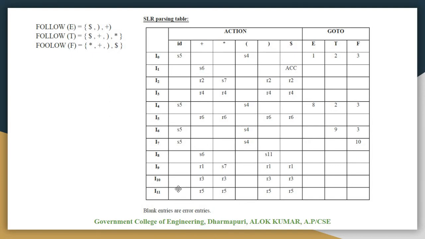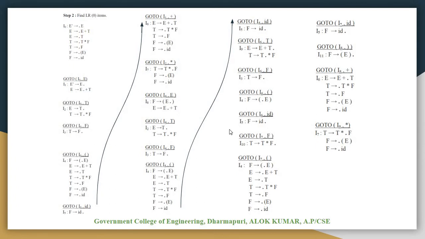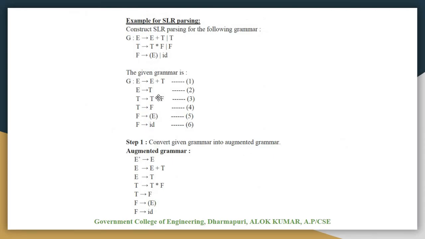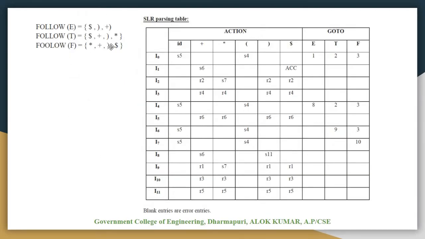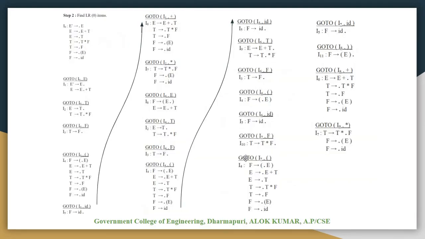At last here we can see this one is I10. In I10 also you can see this one is F dot. So this production rule we will see here, this one is 3. So R3 we will keep, and where will we keep it? Under all these. You can see all these are R3. I11 also we will see. This one is I11.